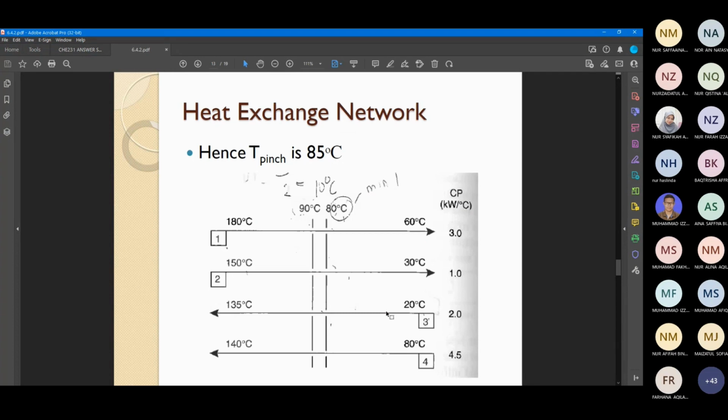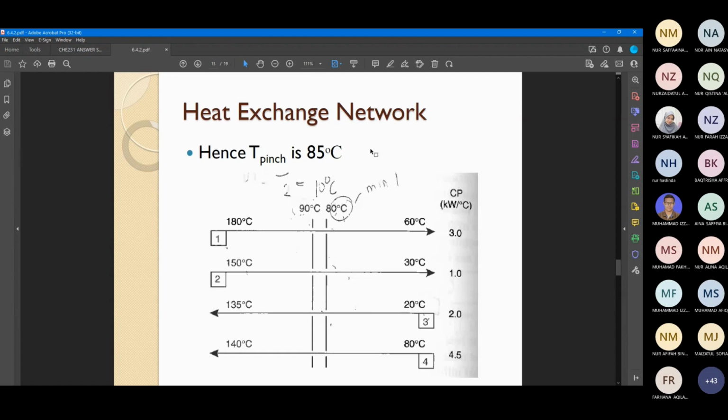All right, just look at this. If you were to have a heat exchanger network, given the pinch is 85 degrees Celsius, then you can play around with this. 85 to, what do you want to have?